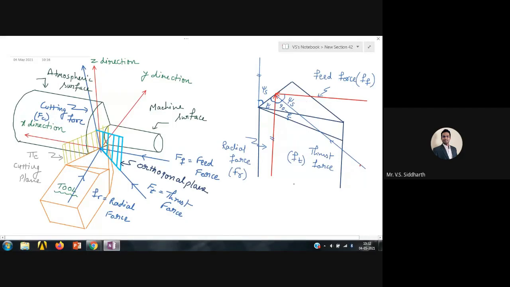So now you tell me what we can write for Ft. Ft cos psi s equal to Ff. Can I write like this?